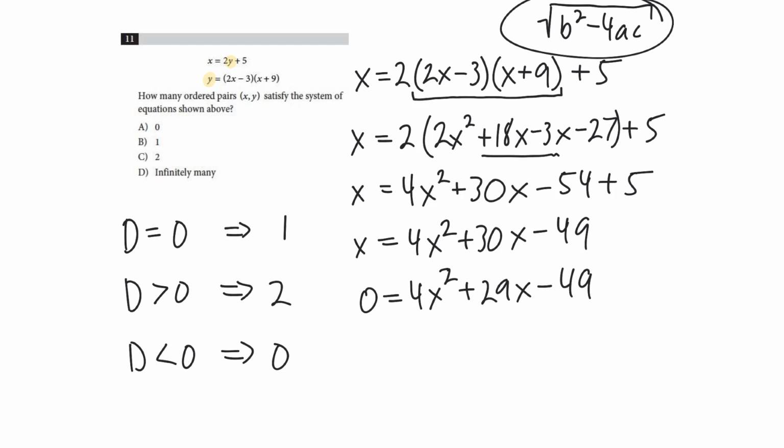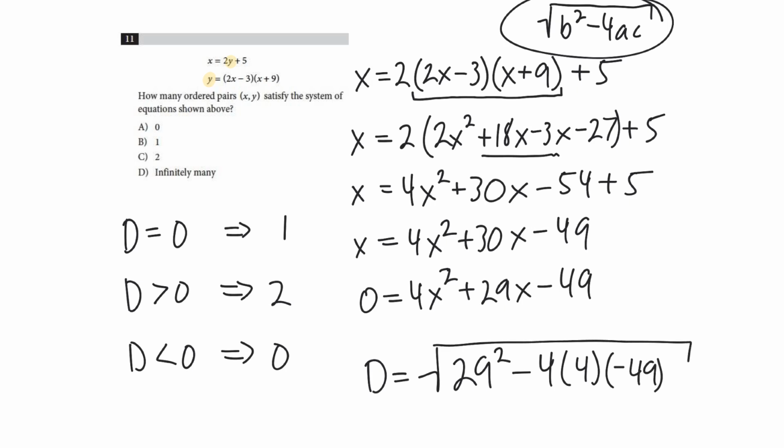So let's look at our discriminant. We have 29 is b, so b squared minus 4 times a, well, a is 4, and c is negative 49.